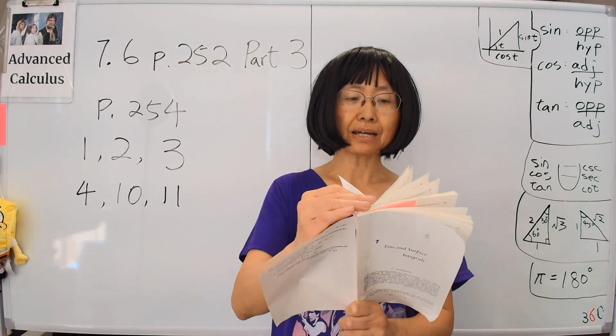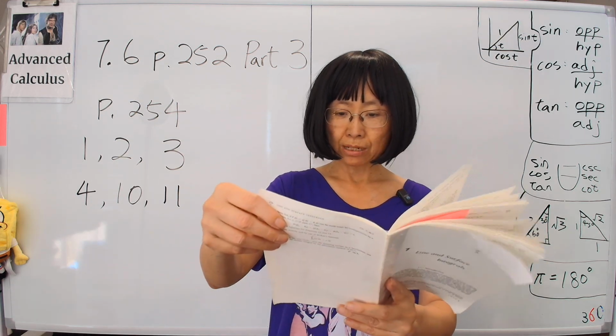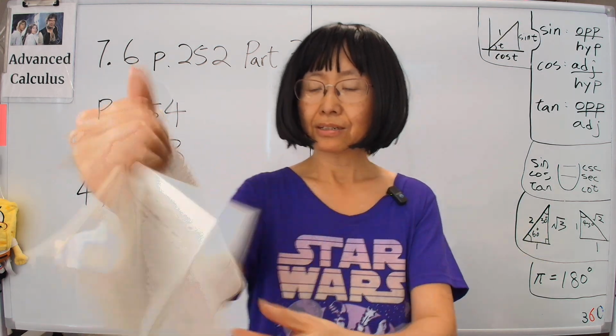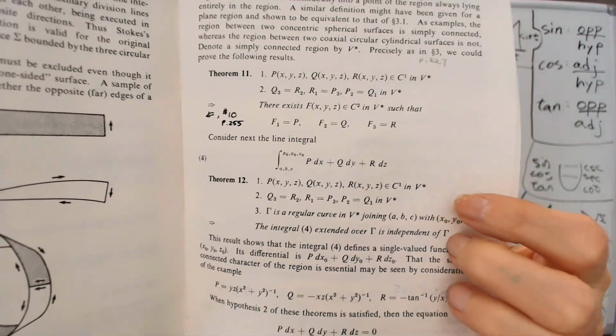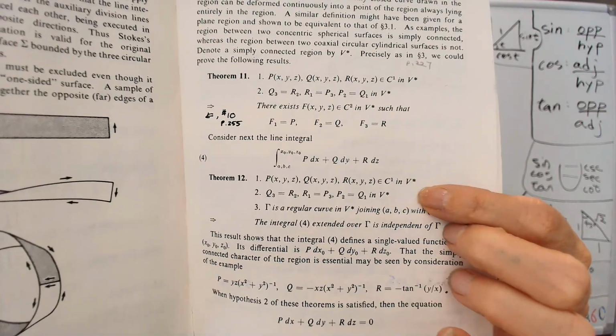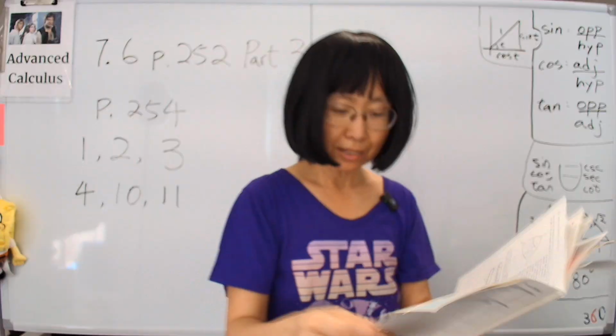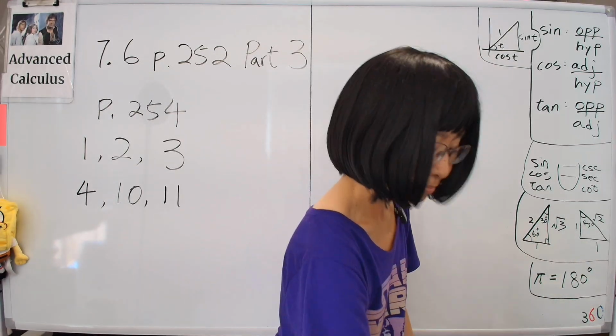That's what makes everything come out. We have to make sure that this trick applies. As long as this is true, then the integration is independent. So that would be theorem 12, I guess.